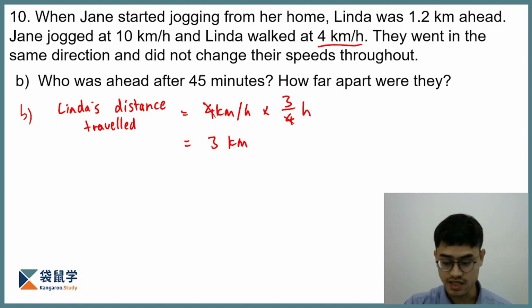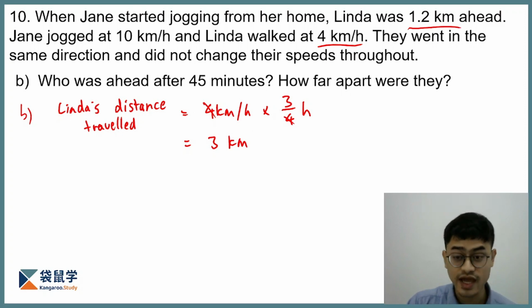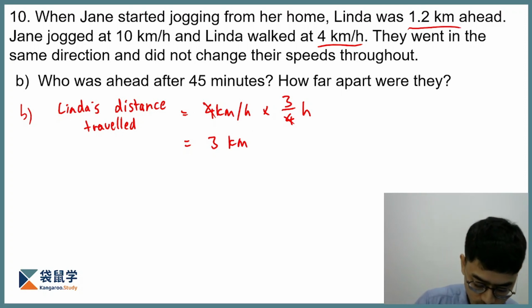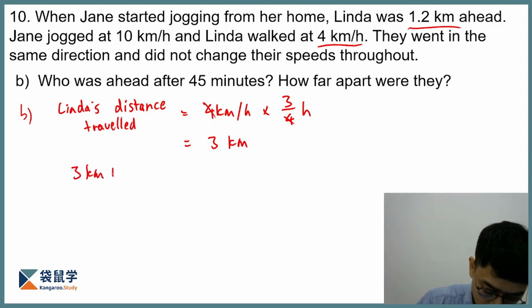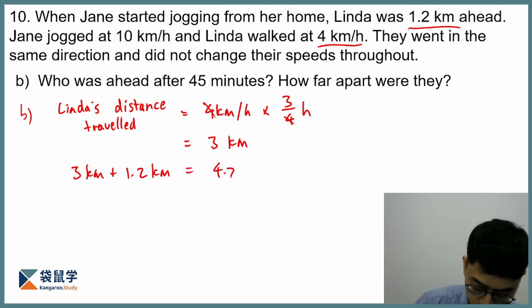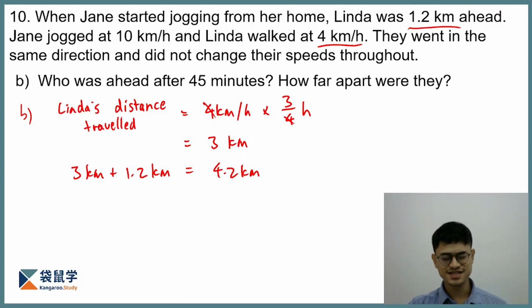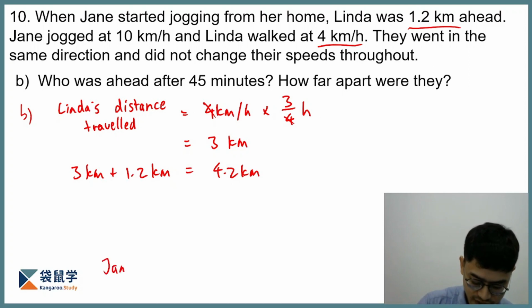But are we done? Is that it? No. Before Jane even started jogging, Linda actually had a small head start of 1.2 kilometers. So we must add that to the 3 kilometers we have calculated to get 4.2 kilometers. Now obviously we know 4.2 kilometers is a lot smaller than 7.5 kilometers, so we can write the initial part of our answer.